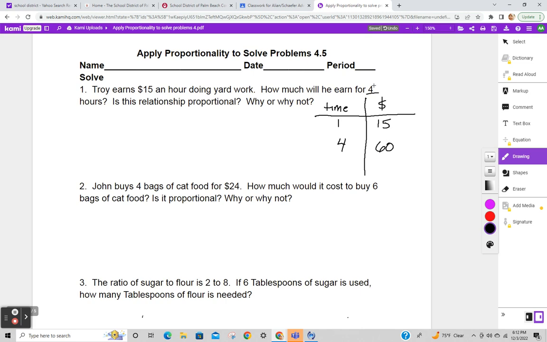15 divided by 1, that's 15. So our constant ratio that's represented by K is 15. 60 divided by 4 is also 15, so K is 15.